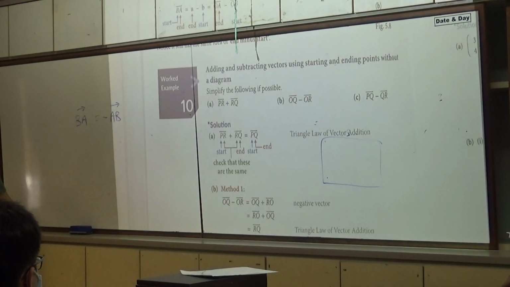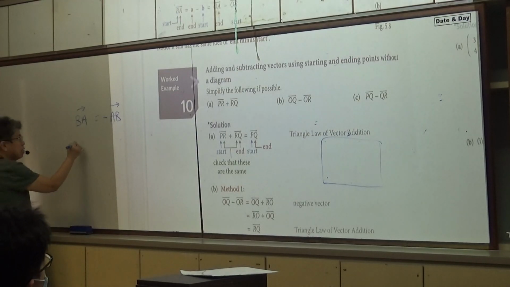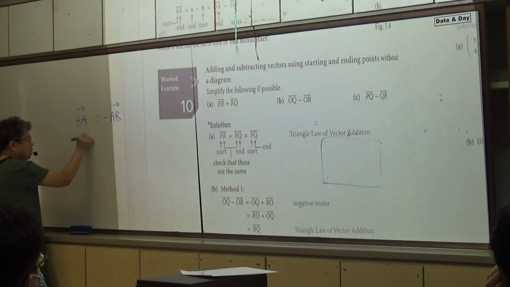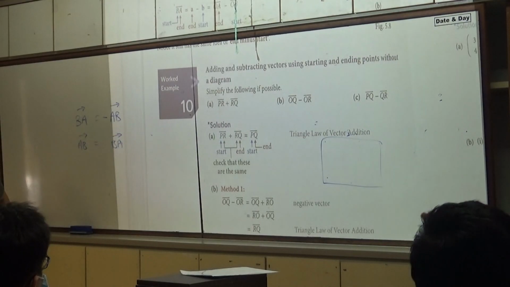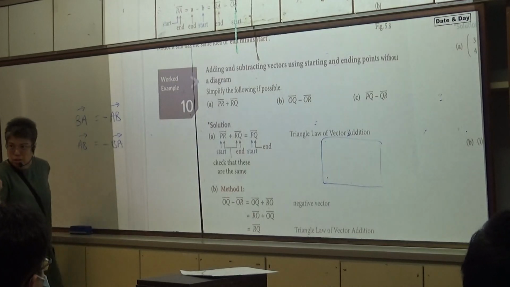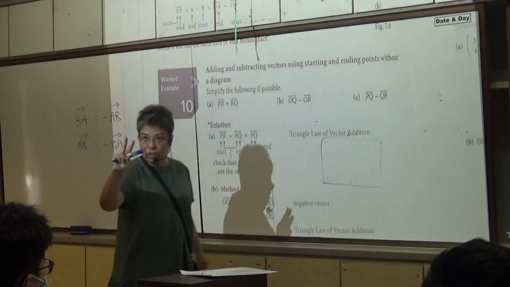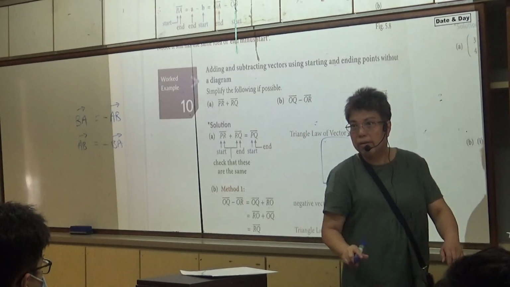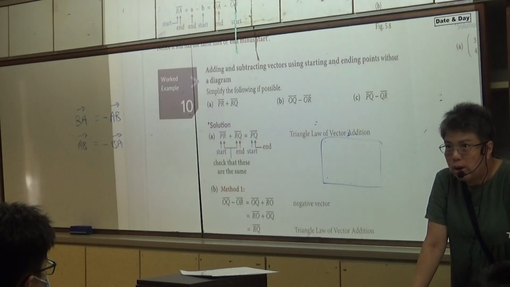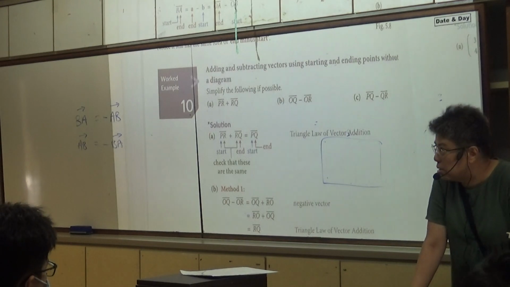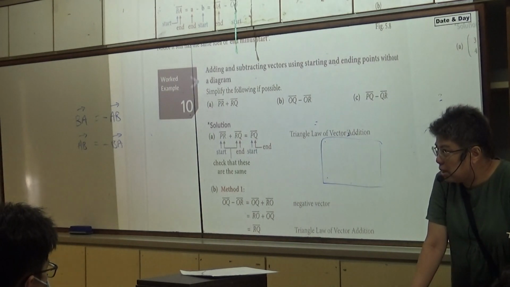You must know this. Likewise, AB is what of BA? Negative of BA. You reverse once, you get the negative. You double reverse, become the same thing, right? This is a very useful one when you come to further simplification. Is that understood?